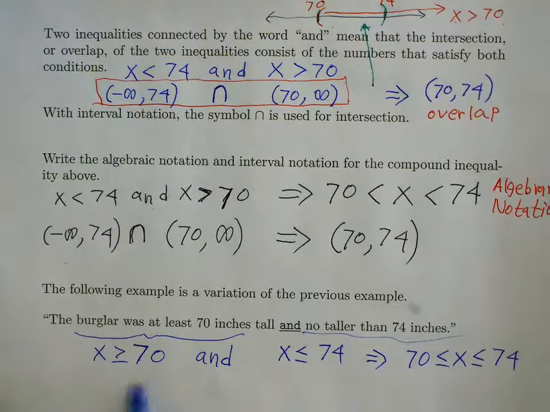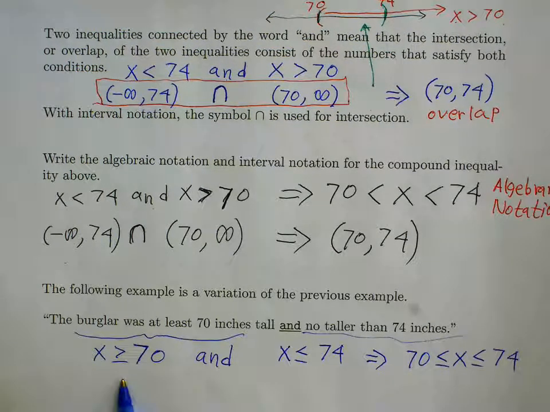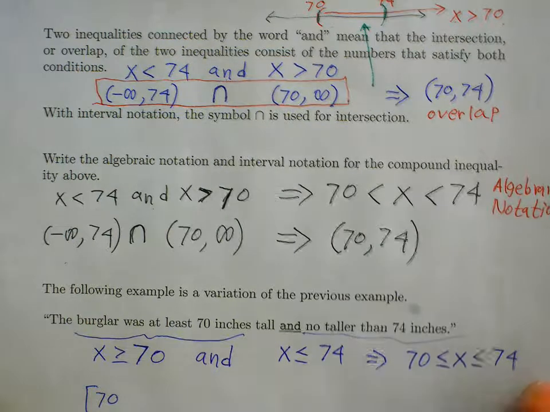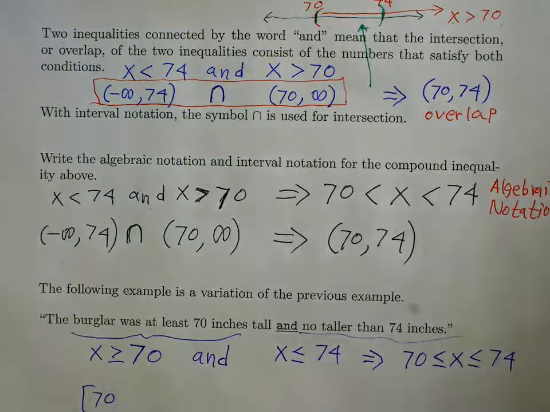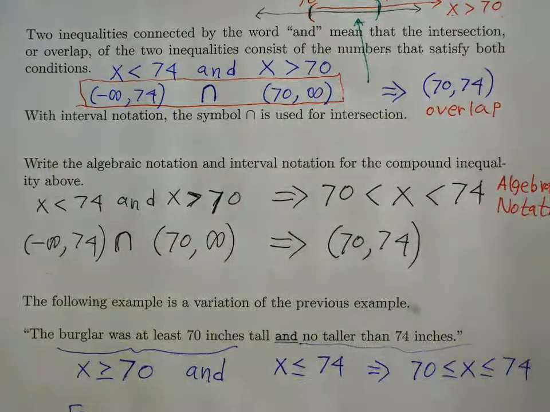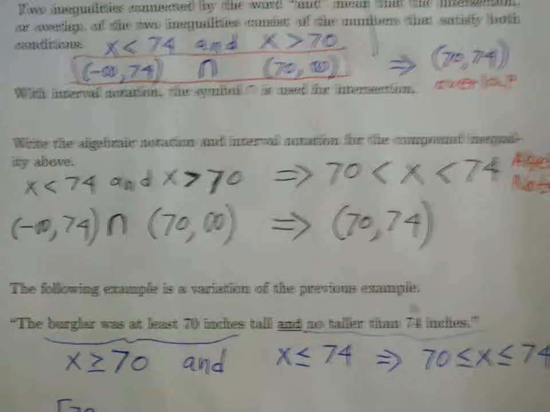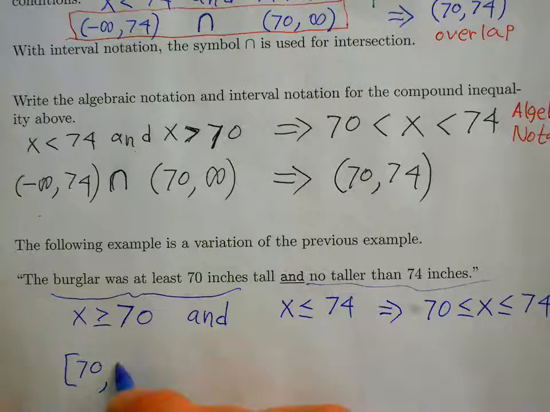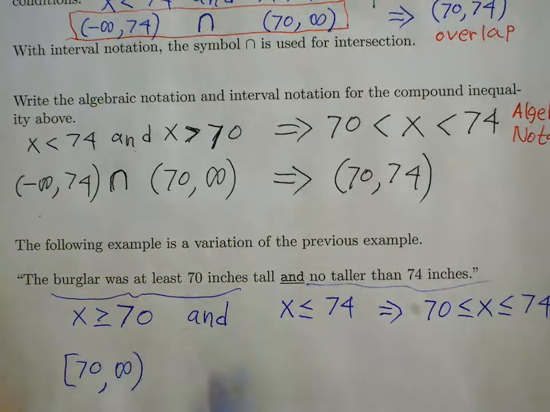Okay, the interval notation, x greater than or equal to 70, we put a bracket 70, comma, infinity. The word and is used, so overlap or intersection.